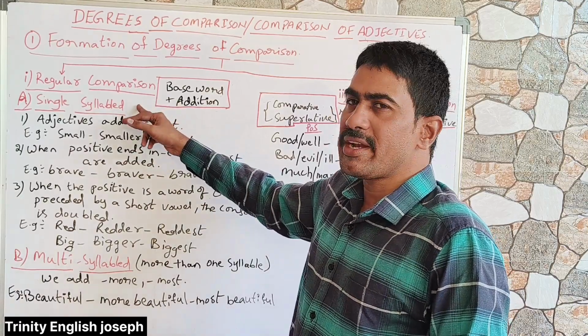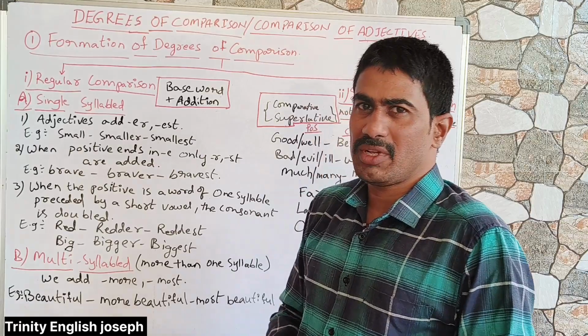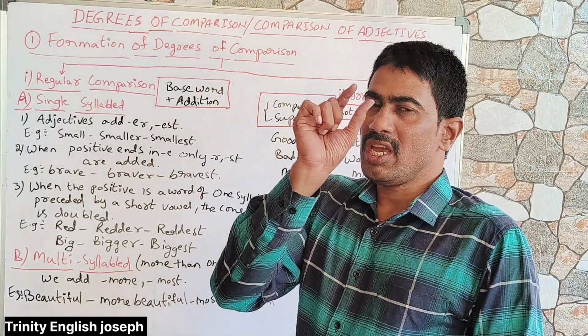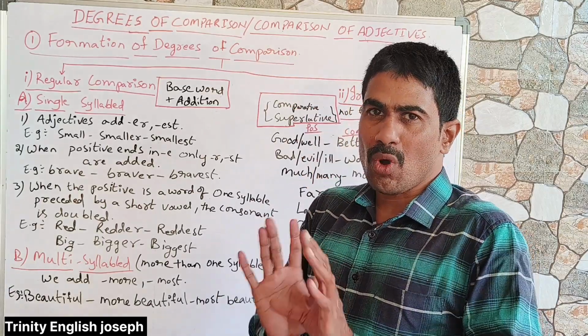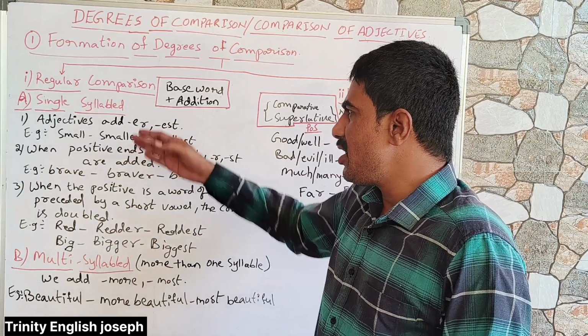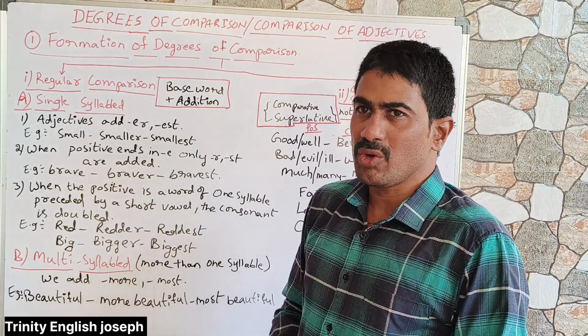So single syllabled adjectives and multi-syllabled adjectives. We will be learning about the syllables in our later classes. Single syllable means any word that includes one vowel sound. And here, coming to this particular aspect, we have basically three rules.